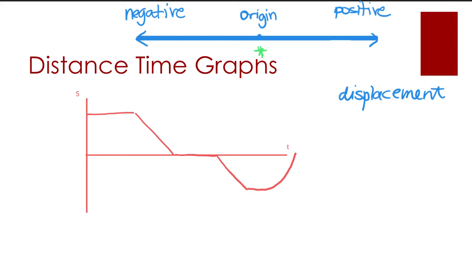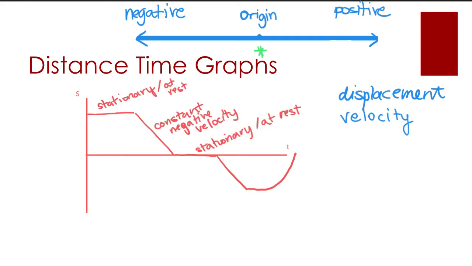And because my line is a straight line, that means it was going at a constant velocity. So you can see I've written on the distance time graph the different pieces that we've done so far. Okay, so we've got our little star. It started at a positive position. It moved in a negative direction at a constant speed until it got to the origin. And then now we're at this spot right here.